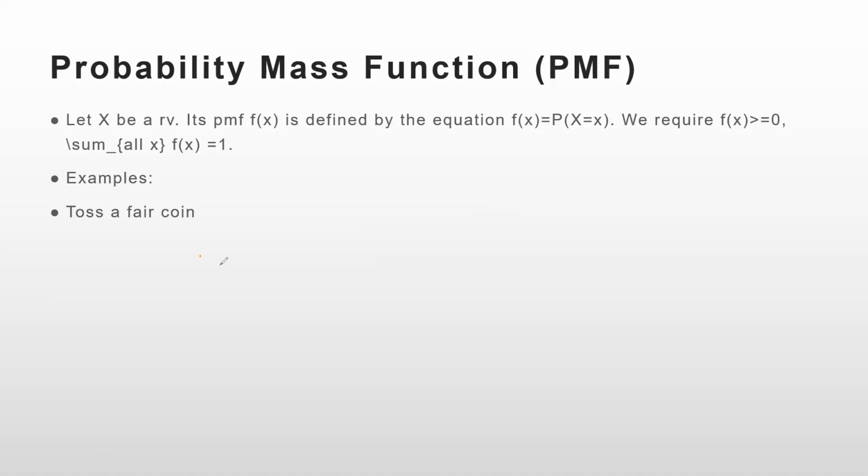Suppose it's a fair coin, then you have half chance to get heads and tails. So we can express this distribution as a table. You have little x, little f of x, and you have 0 and 1. 1 means heads, 0 means tails, and it's fair. So we have these probabilities, and the summation is always 1.